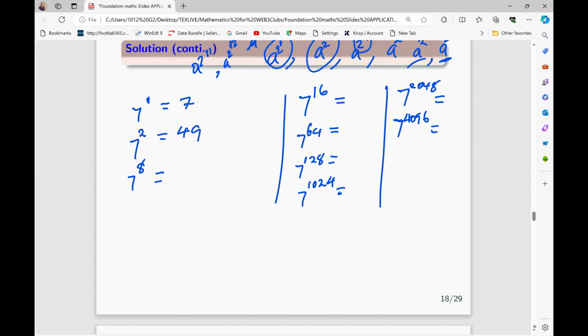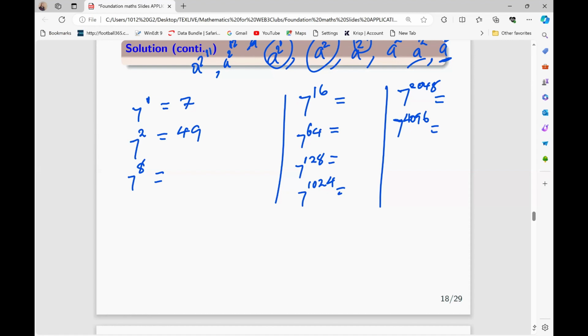Is that okay? What about this one? This one you can do easily because you don't have 7 raised to 4. If you had 7 raised to 4, we would have squared it, but we want to reduce our working, so we don't have it. But what we have is 7 raised to 2.